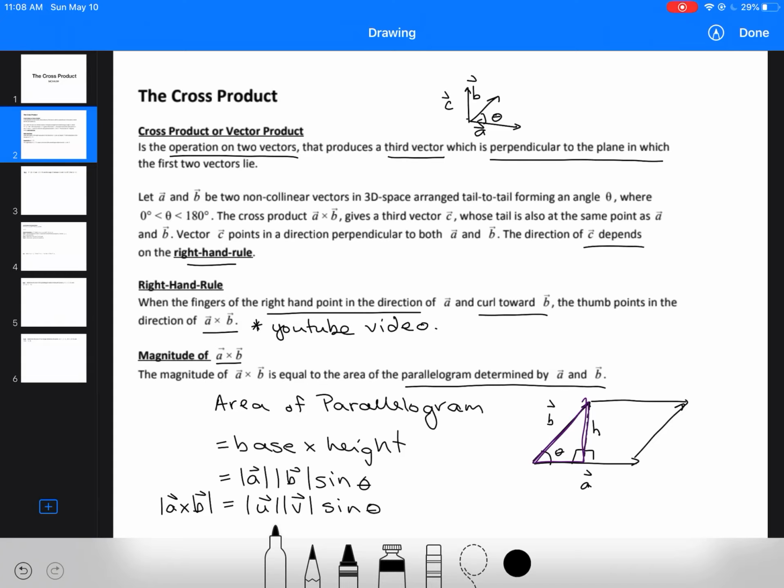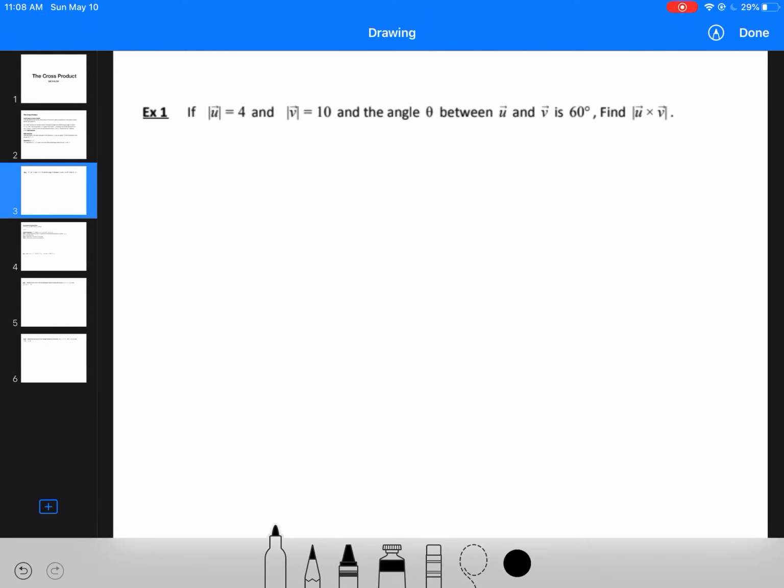So let's look at an example. If the magnitude of U is 4 and the magnitude of V is 10, and the angle between the two is 60 degrees, find the magnitude of U cross V. To do that, we're going to set up our expression. The magnitude of U cross V is equal to the magnitude of U times the magnitude of V sine theta.